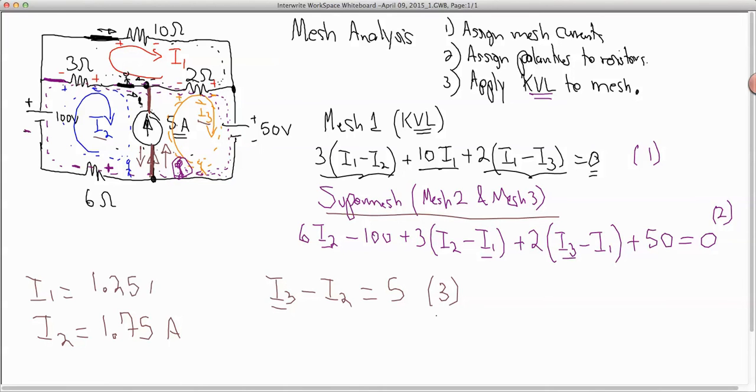And I3, sorry, I made a mistake here, this is 6.75 amperes. That is I3. And this is our second example using mesh analysis.